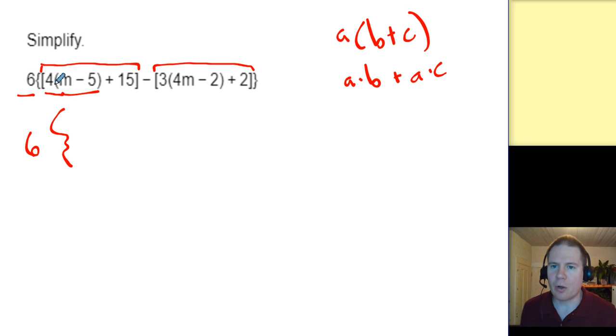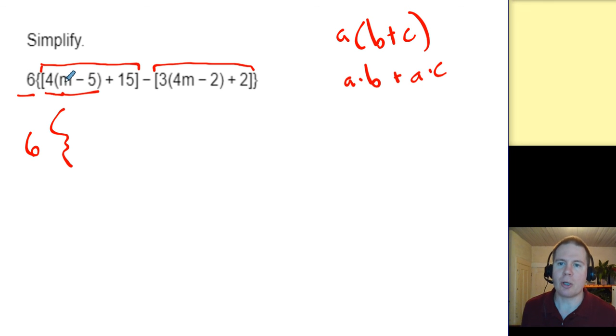Well, 4 times something, if I knew the value of m, if I were evaluating this, I'd plug in that number, 19 or negative 2/3, whatever it is, plug in that value for m, do my subtraction, because that's what's inside the parentheses, and then multiply by 4. But I don't know the value of m. M is some unknown amount. I don't know what 5 less than m is.